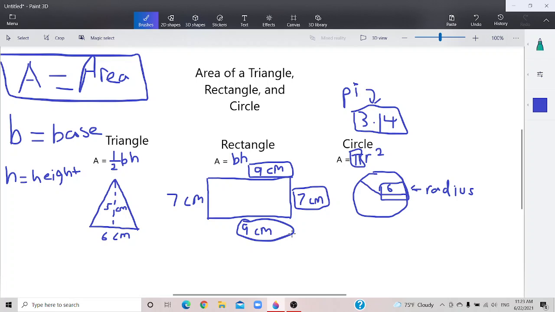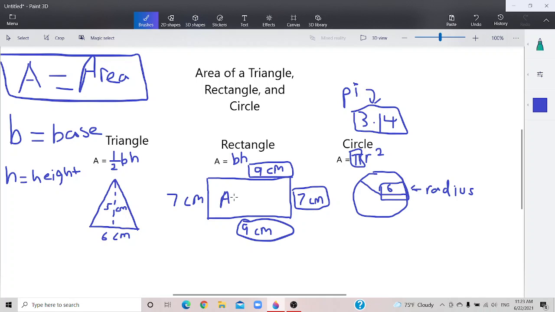And the height here is 7 centimeters. So two symbols or numbers or letters right next to each other in math is almost always multiplication. So what is 9 times 7? So 9 times 7 is 63.